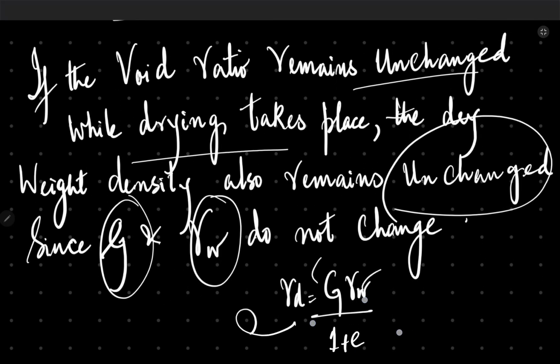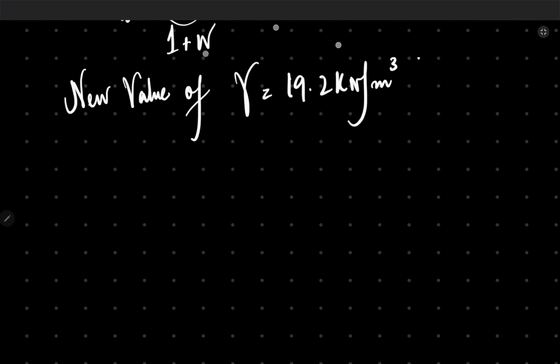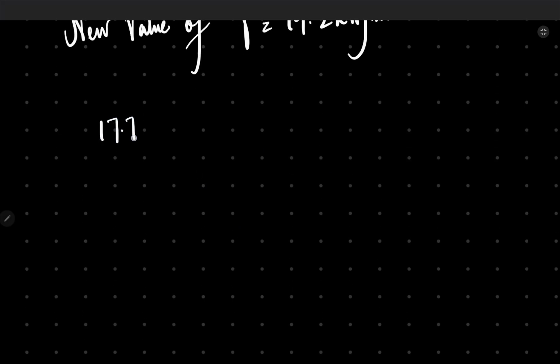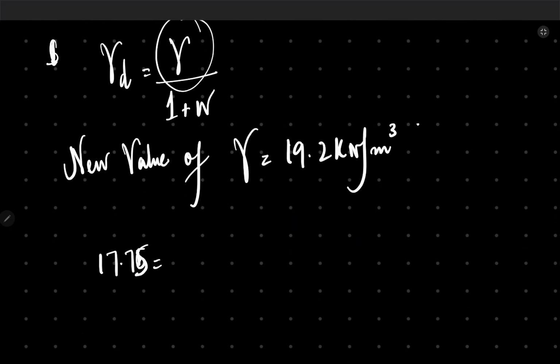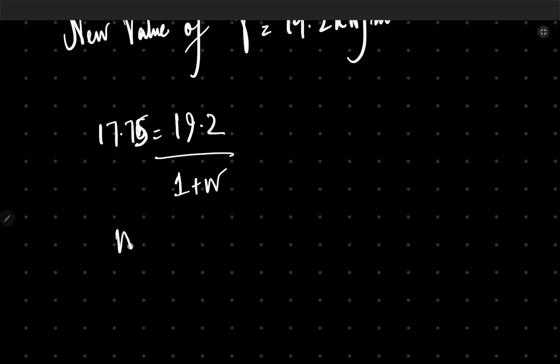Dry weight density remains the same, 17.75. So 17.75 is equal to 19.2 divided by 1 plus w. We have to find the new water content. Upon calculations, water content is 8.16%.